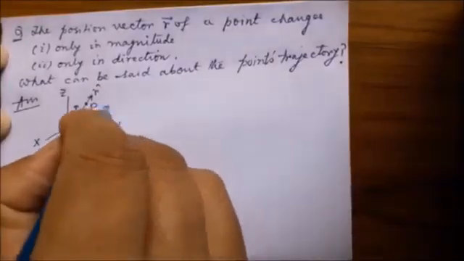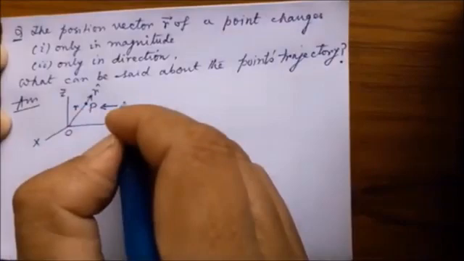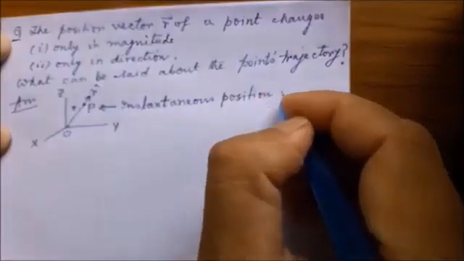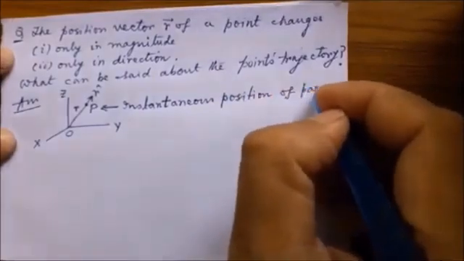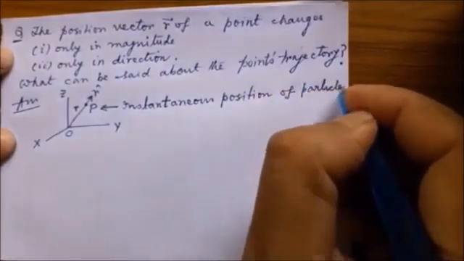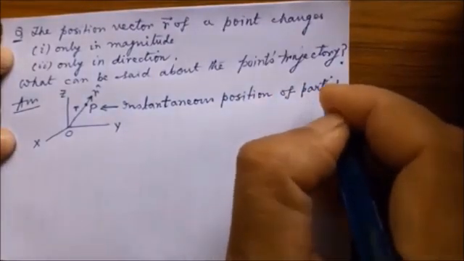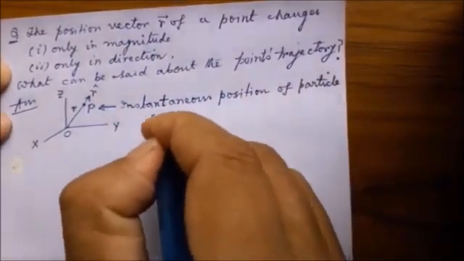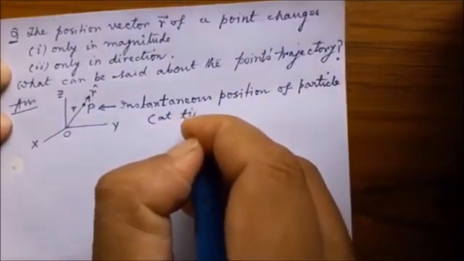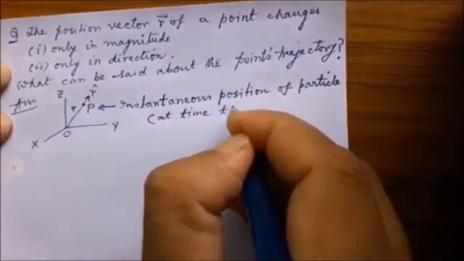This P is the instantaneous position of the particle under consideration. Instantaneous means at time t, at some time t.